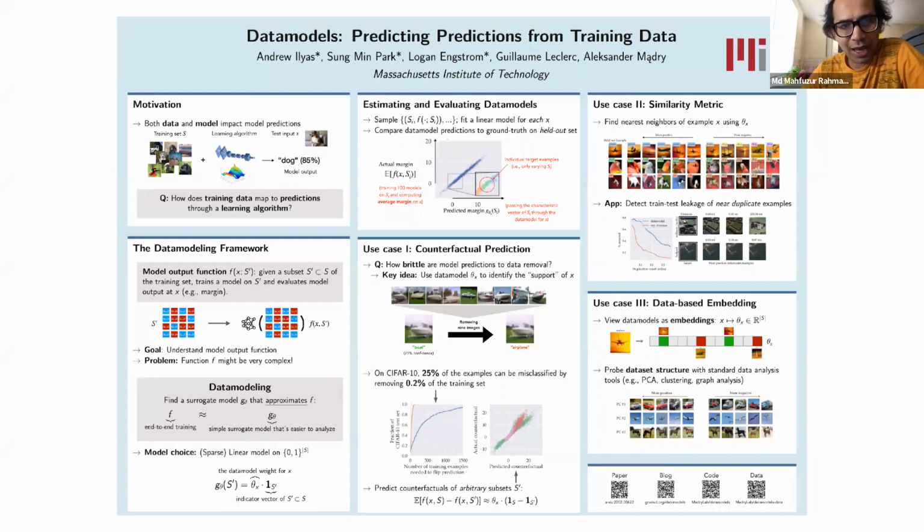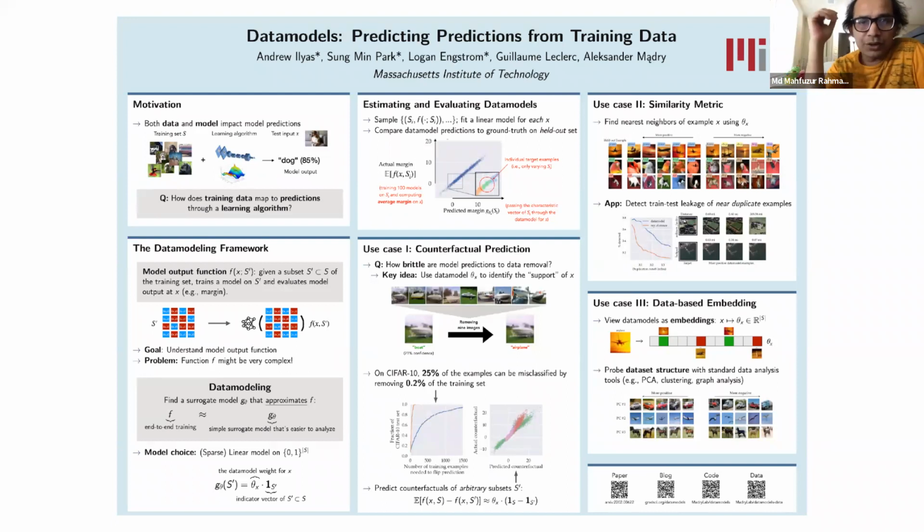That means they have used a surrogate model to conceptualize or to get the results of the original model based on what portions of the training data were used to train the original model. For example, F is the original model and X is a target sample, and S prime here is the parts of the training data used to train our model F. So it captures the effects of which samples from the training data have how much contribution to the output score.